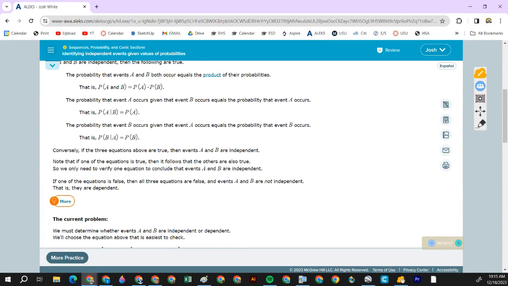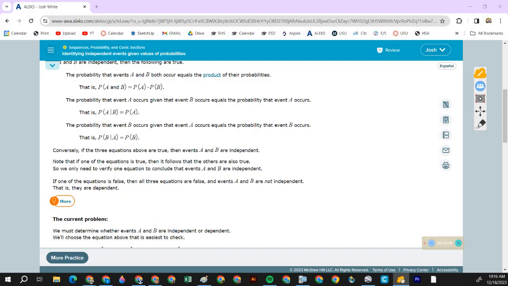If the probability of A times the probability of B is equal to the probability of A and B, then those are independent. And if the probability of A given B is the probability of A, then they are independent. The same is true of the B's.